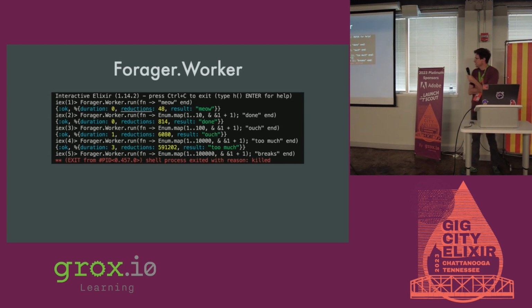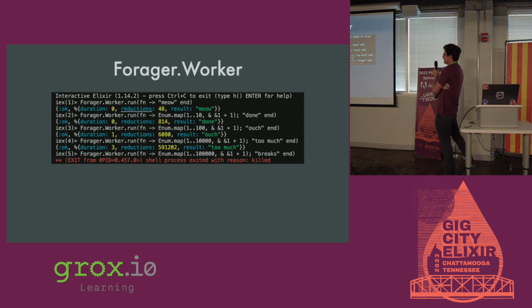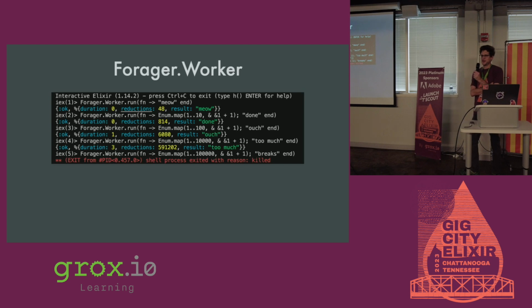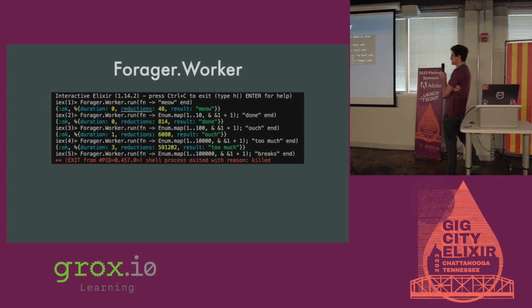So here, I've got this repo set up for this game called Forager. And this is just part of it that's Elixir. The idea here is, you can run any function in a worker process, but while it's running, we can watch the reductions.